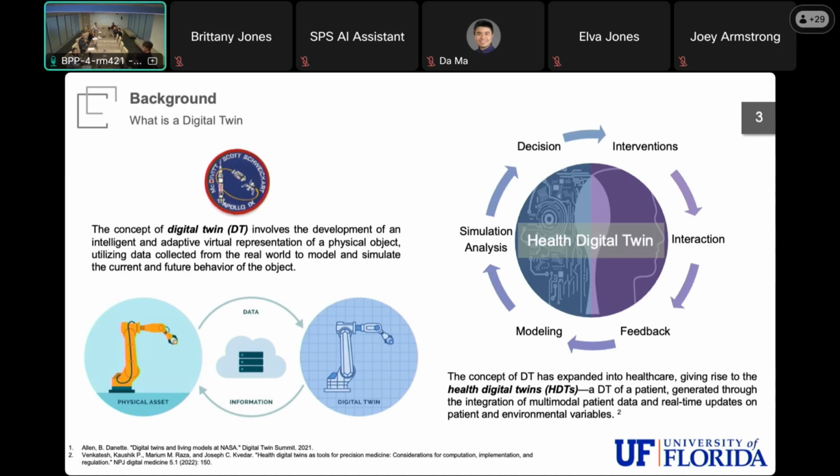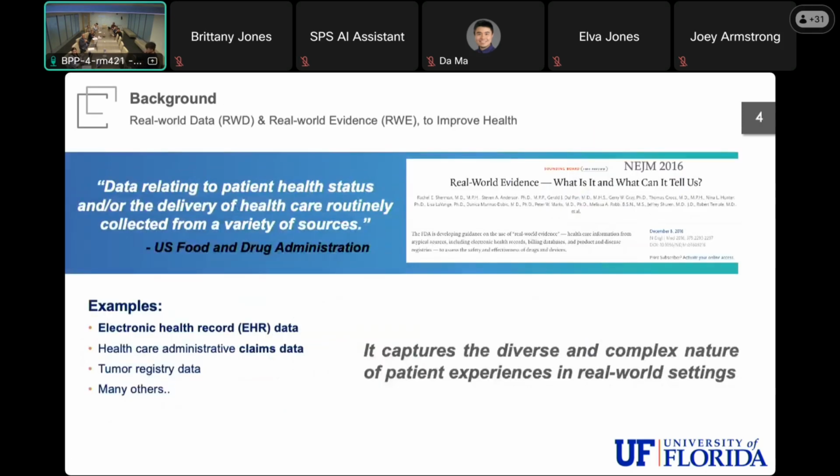This process forms a positive interaction loop between the patient and the digital model to improve the patient's healthcare outcome and the model's performance simultaneously. So we can see that a key element in this loop is the data, which serves as the bridge between the patient and the model. So data is important. Now let's talk about the data, especially the real-world data.